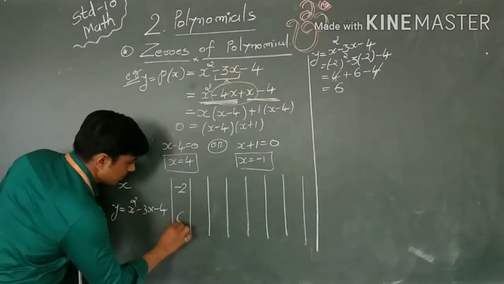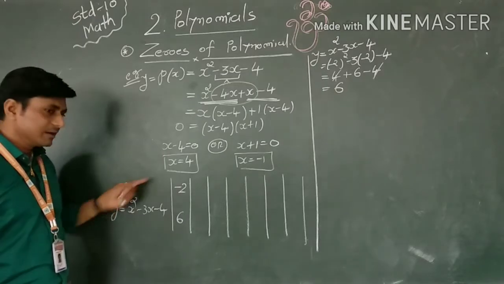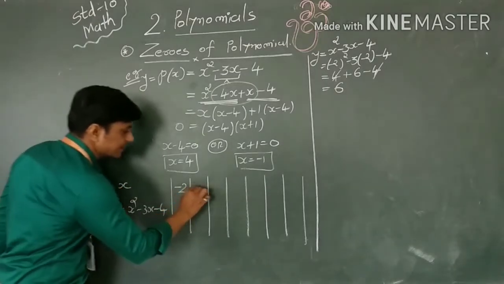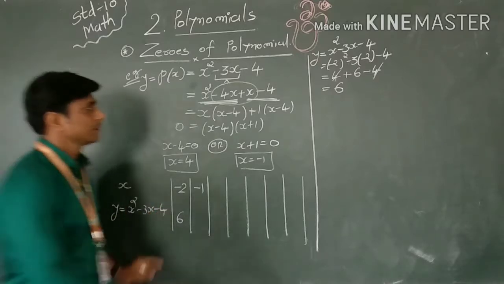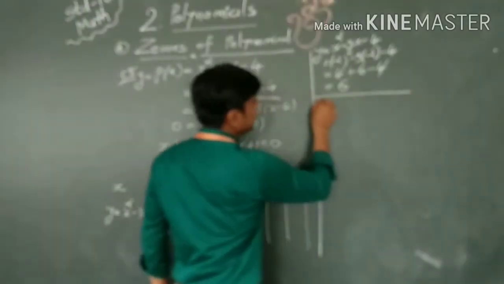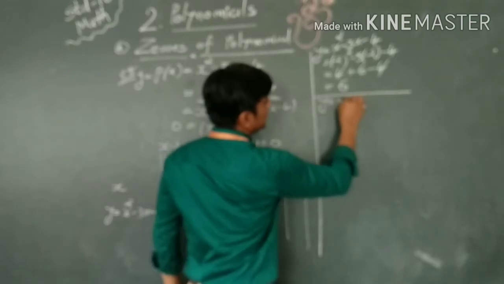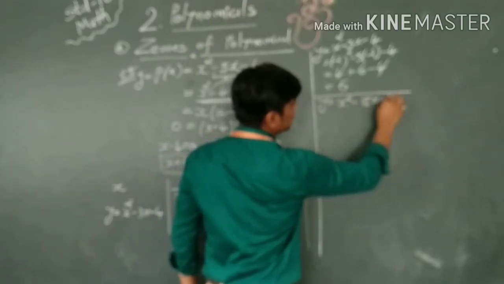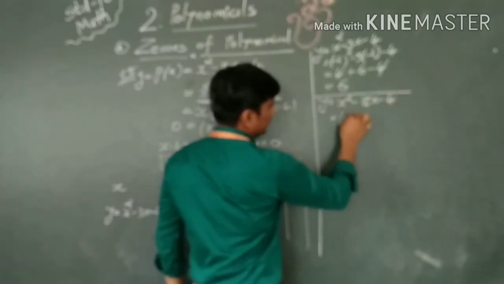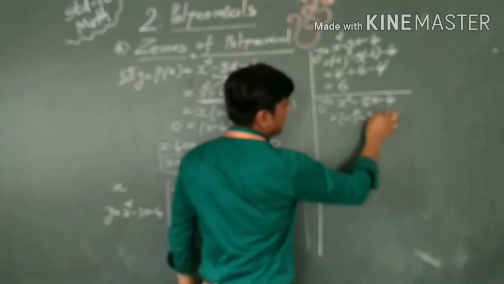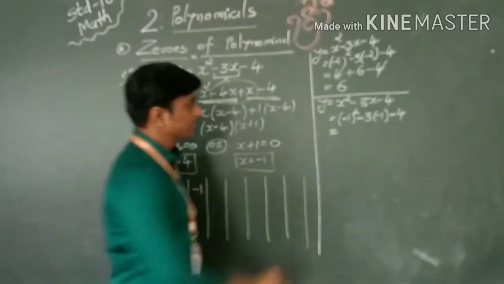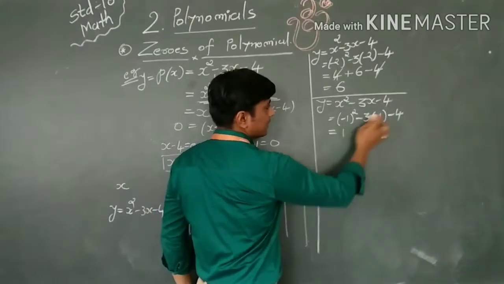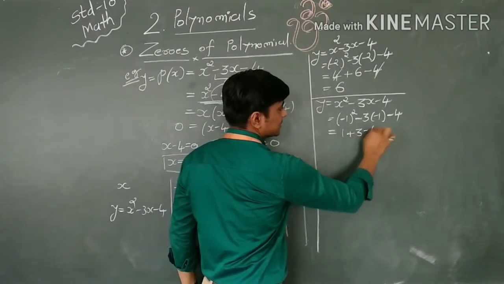Now we take another value of x, suppose minus 1. Put minus 1 in this equation. Again we first write our polynomial x square minus 3x minus 4, and this time x is equal to minus 1. Simplify this polynomial. Square of minus 1 is 1, minus minus plus 3, minus 4.